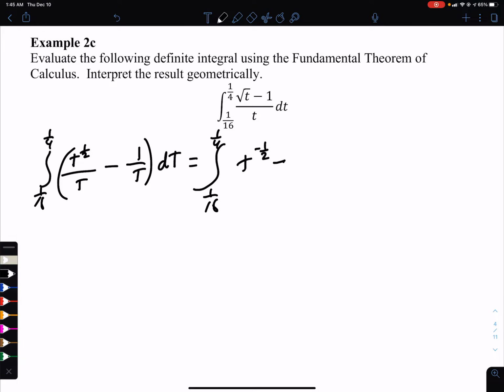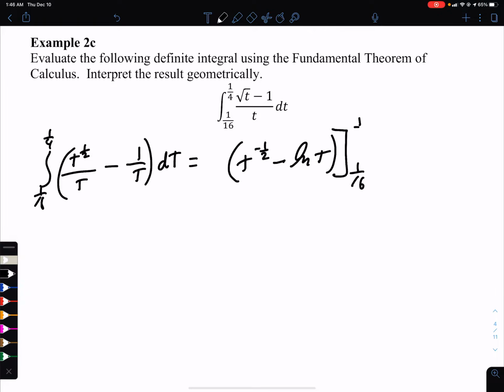And then the antiderivative of 1 over t is ln of t. If I take the antiderivative, I don't need that. I've taken the antiderivative. And that's going to be from 1/16 to 1/4. All right, let's continue going here.